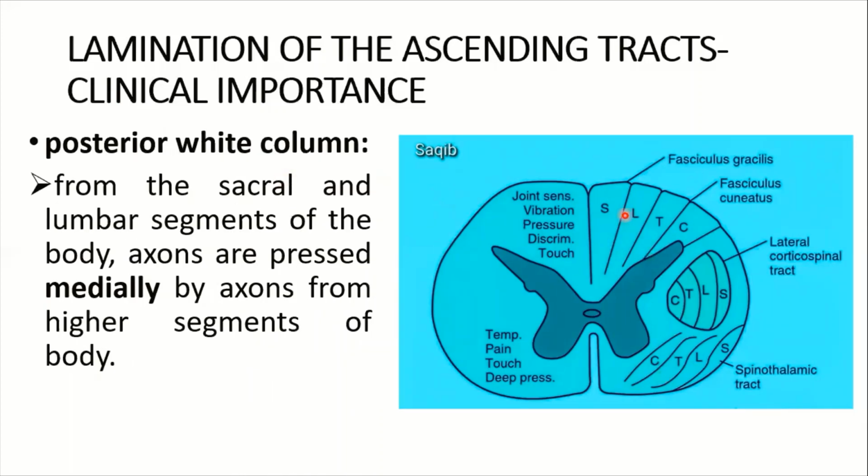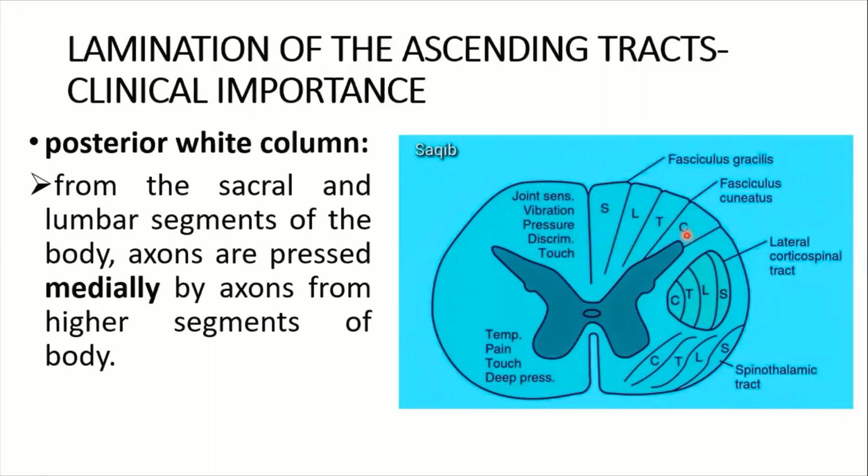And on the posterior white column, from the sacral and lumbar segments, the axons are pressed medially by axons from the higher segments of the body. So the sacral and lumbar lie on the medial side.